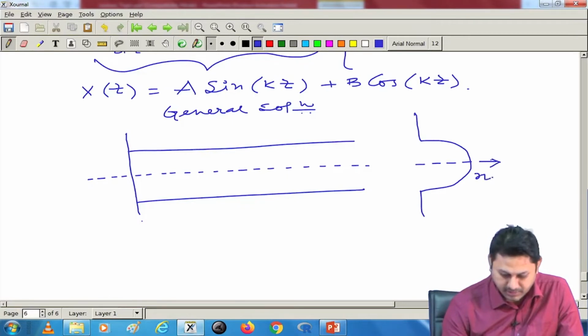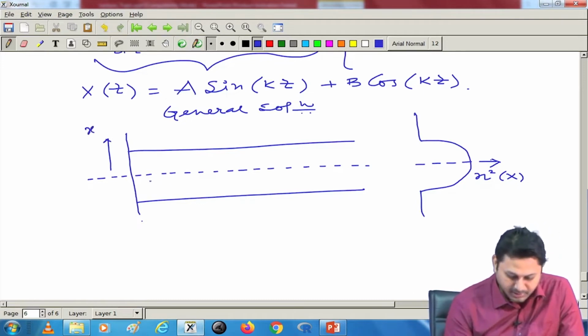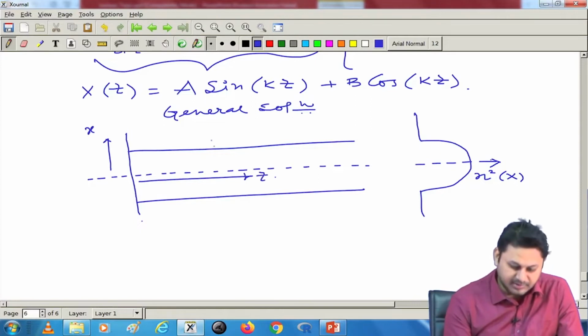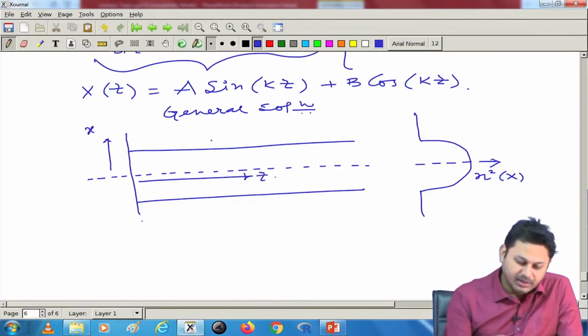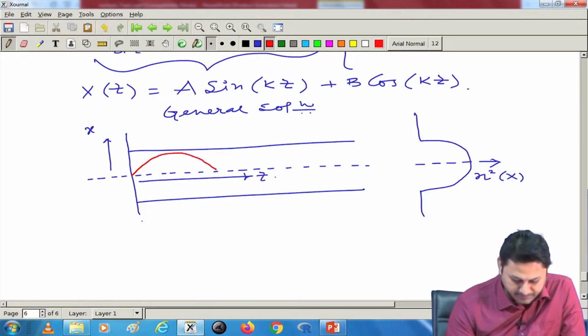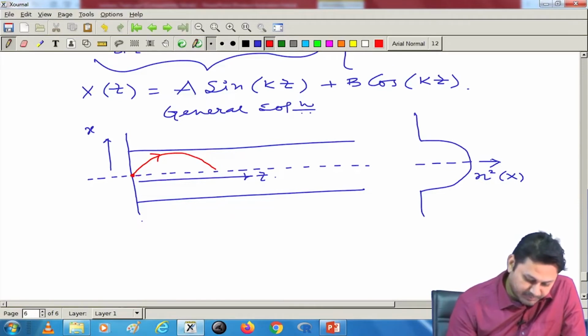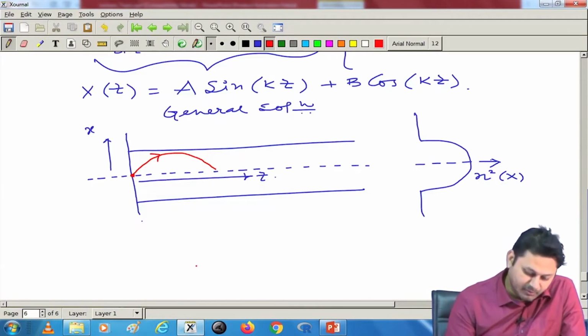So, this is n square as a function of x, and along this direction I have my x, and along this direction I have z. Since it is a sinusoidal kind of wave, I can launch the wave exactly at this point, and if I launch here, it should follow a path like this. Now, note it, here I launch this at the 0 0 point, at the origin.